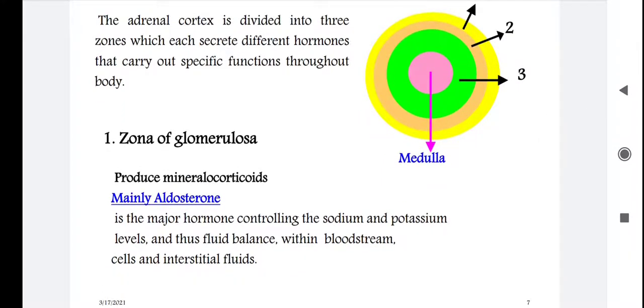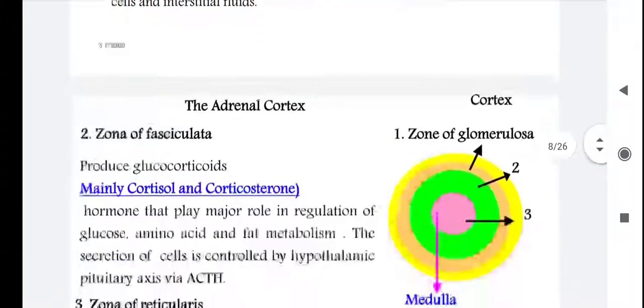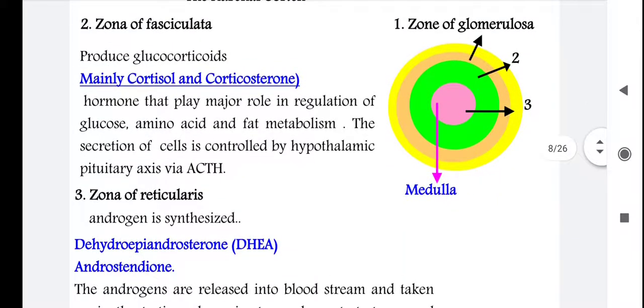It produces mineralocorticoids, mainly aldosterone, the major hormone controlling the sodium and potassium levels and thus fluid balance within the bloodstream and interstitial fluid. The second zone is zona fasciculata.